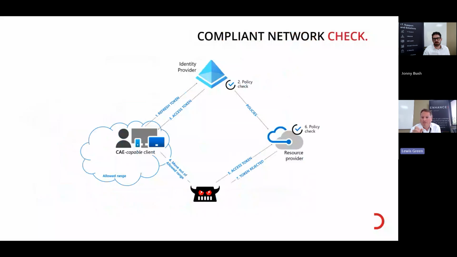But if I was to use Evilginx and click on Johnny's link that I mentioned earlier, once that goes out via the proxy, it's not going to have that network compliance in place. So it may have stolen the session token, but it won't be given an access token potentially. It's going to be rejected because of that particular check.